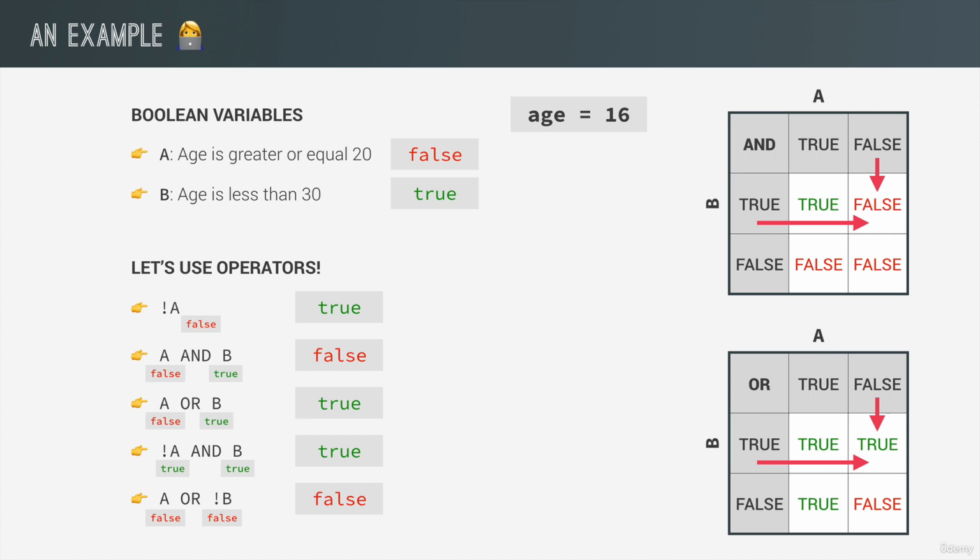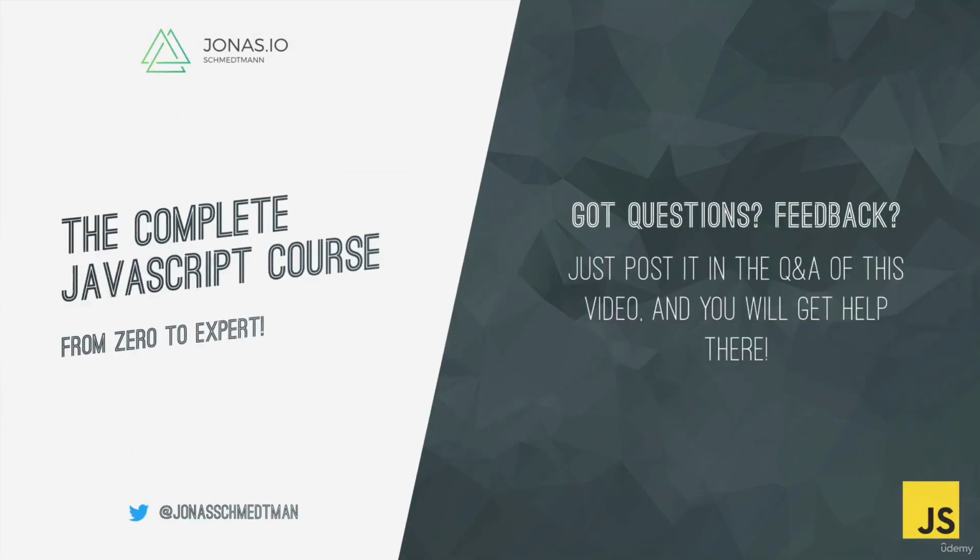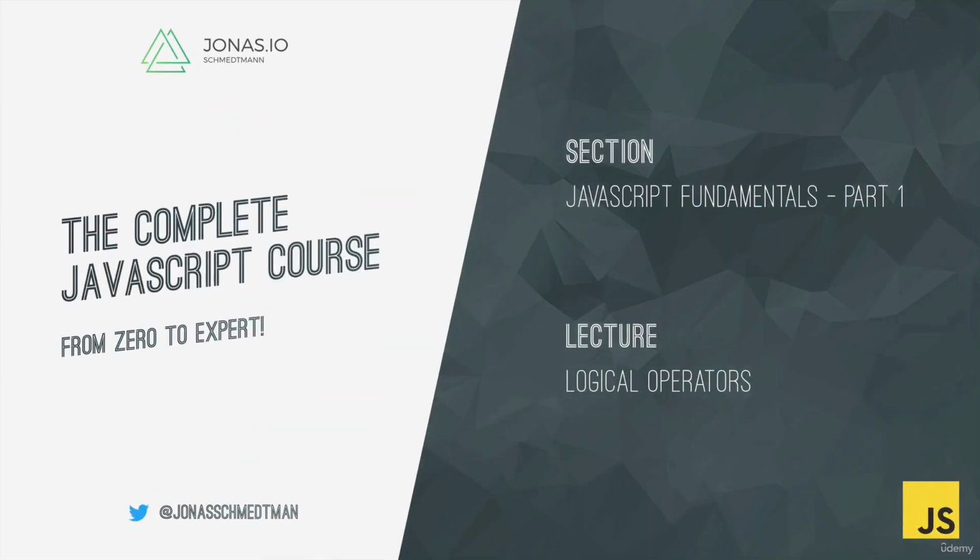And so in the next lecture, we will actually use these operators in code. And then it will make even more sense to you. So by then, we probably won't even need the truth tables anymore, because it will become quite intuitive how both of these operators actually work. But anyway, let's now move on, and I see you in the next video.